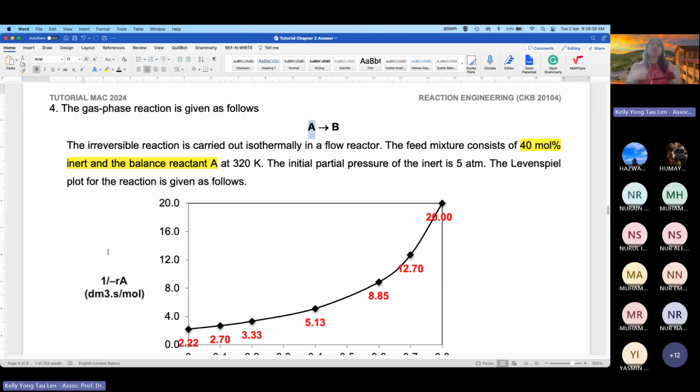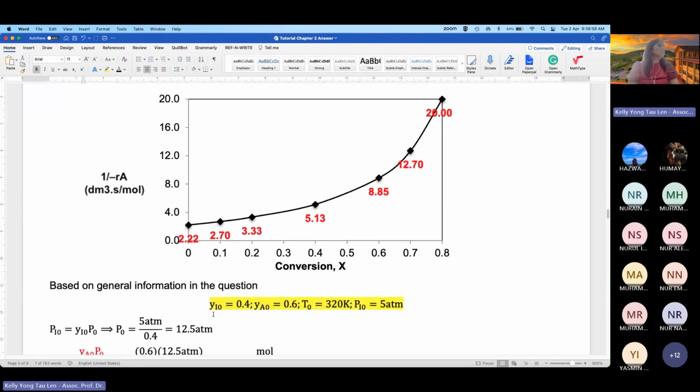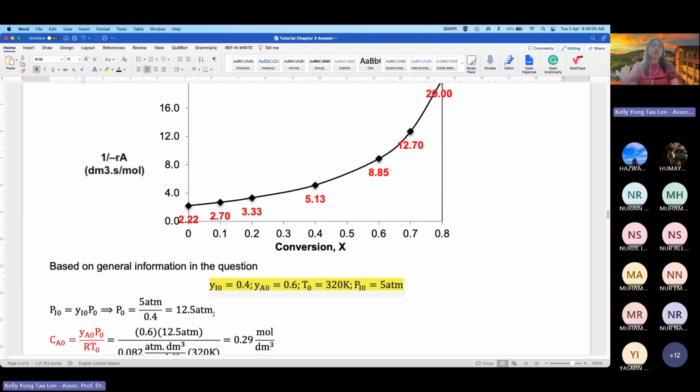So you can imagine this is the scenario where initially my mixture does not only contain the reactant A, it also contains the inert. And it's given clearly that our inert is 0.4. For inert, normally we use capital I to represent inert. For mole fraction, we use Y. This is maybe a little bit new, since we hardly deal with mole fraction, although we have learned it previously.